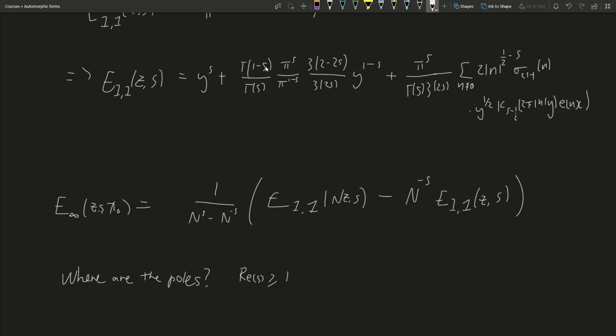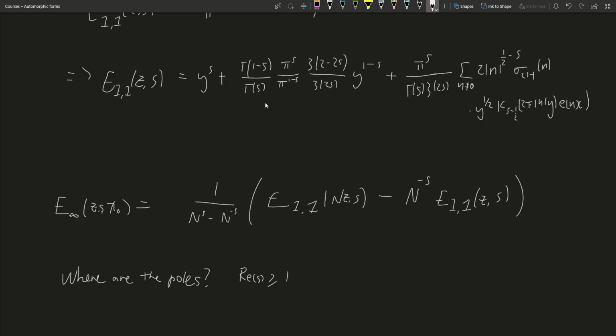Well, we're going to get a pole when s is 1 coming from this gamma function. Gamma has no zeros, so we don't have to worry about this. We don't have to worry about these terms. When the real part of s is at least 1, this isn't going to have any poles or any zeros. And this y to the 1 minus s isn't going to have any poles. This factor in front is not going to have any poles. This stuff is not going to have any poles. And our Whittaker function is not going to have any poles.